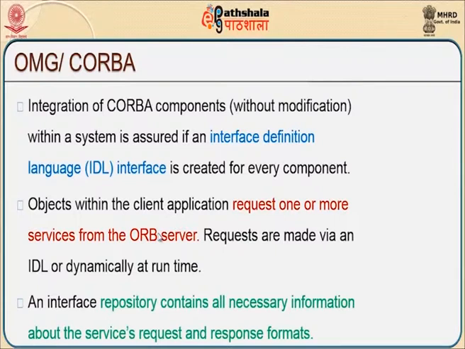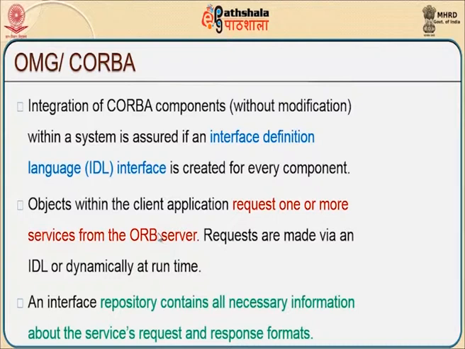Integration of CORBA components without any modification within a system is assured if an interface definition language, say IDL, is created for every component. So we may have to create an individual interface, called an interface definition language, and after creating it, we can use the same component any number of times within the system. Objects within the client application request one or more services from the ORB server.